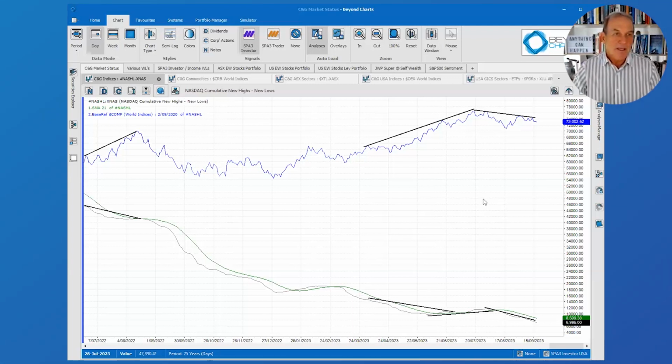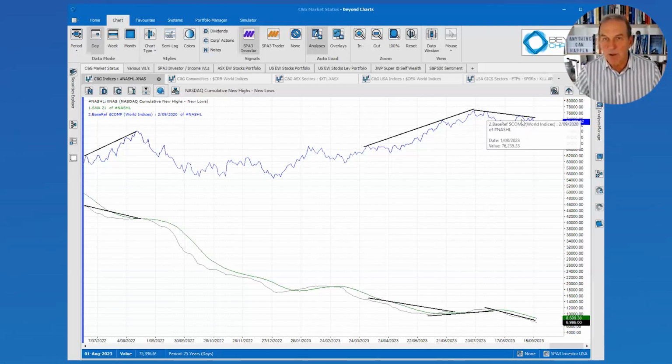Okay, this is the cumulative new high, new low on the NASDAQ. You can see the index, the blue line up there, of the NASDAQ composite. And you can see that there are now more new lows than new highs being made in the NASDAQ. So we would like to see one of our risk-on indices, if you like, rising, and this cumulative new high, new low indicator, breadth of market indicator, rising rather than falling.